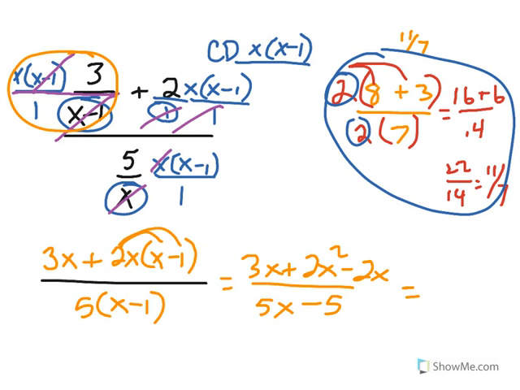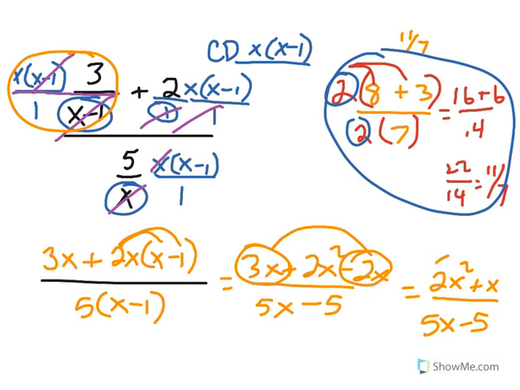Now if I keep going, I see I got some like terms here, 3x and negative 2x. So I get 2x squared plus 1x. These two things go together to make 1x. That's on top. On bottom I have 5x minus 5. And that right there is as good as it's going to get.